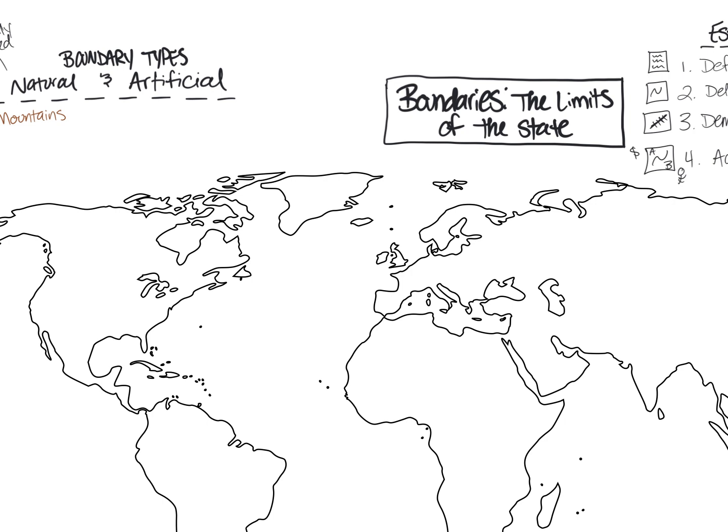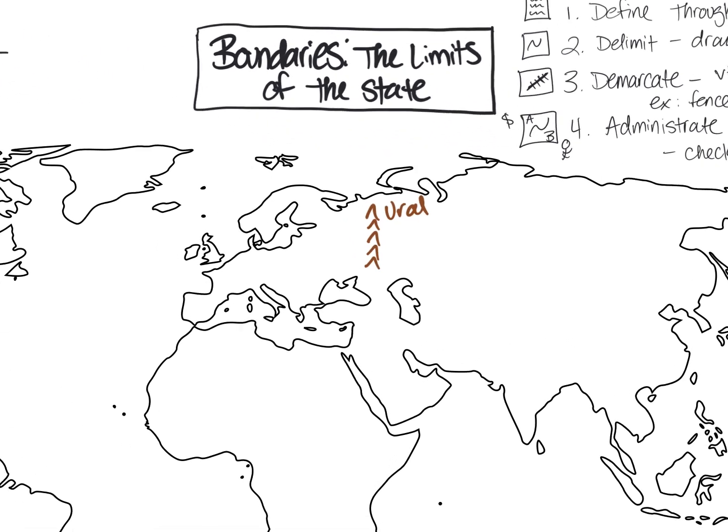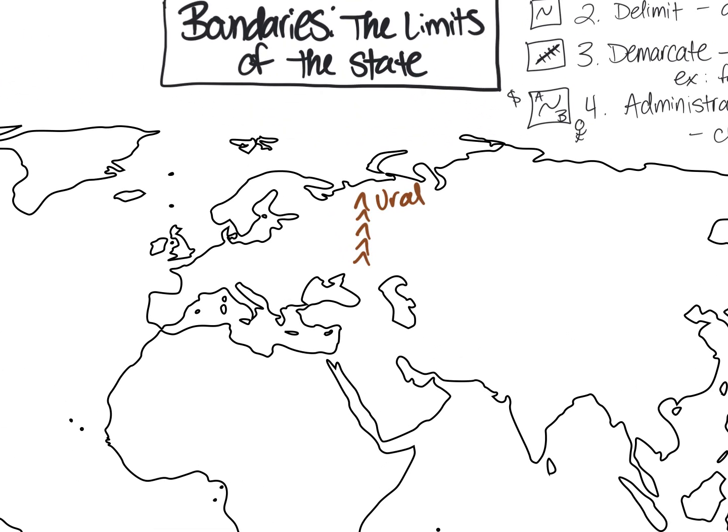But the first one is going to be the Ural Mountains. It's over here in Russia, and it divides continents, okay? U-R-A-L, the Ural Mountains. So Russia goes about right there. Not perfect, but that's probably the border of Russia.